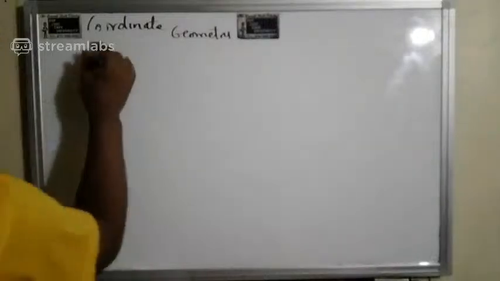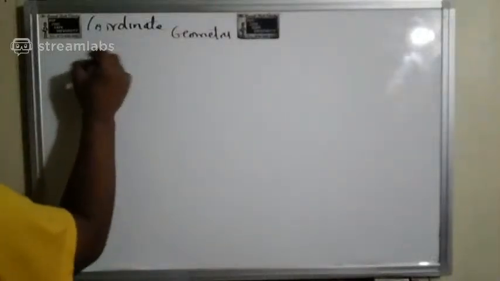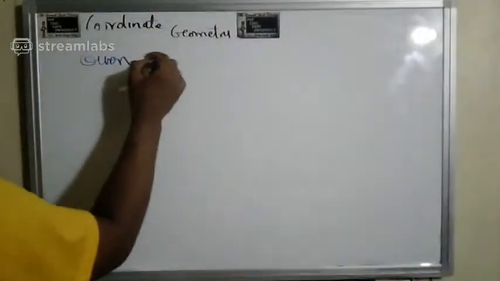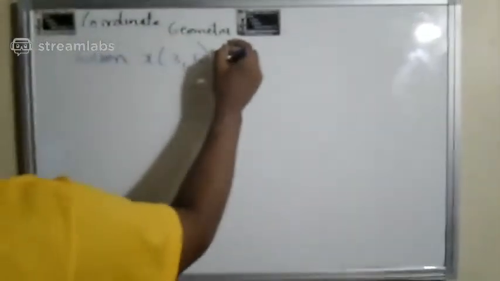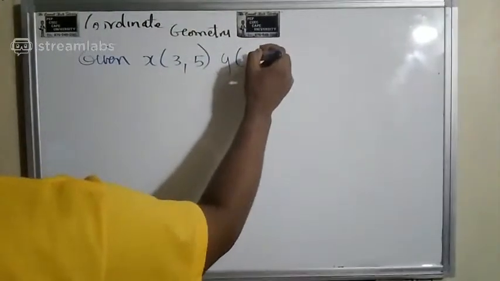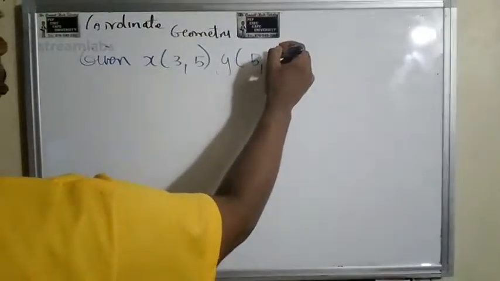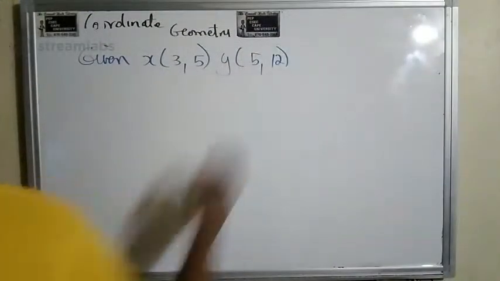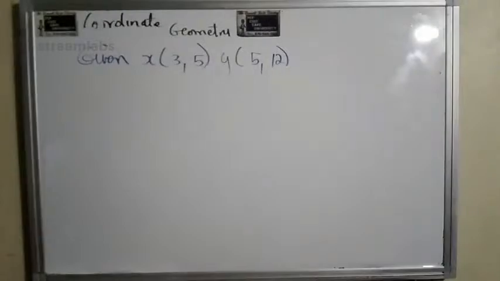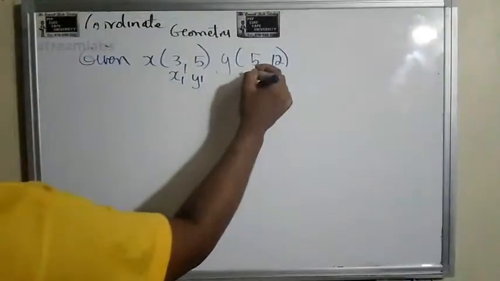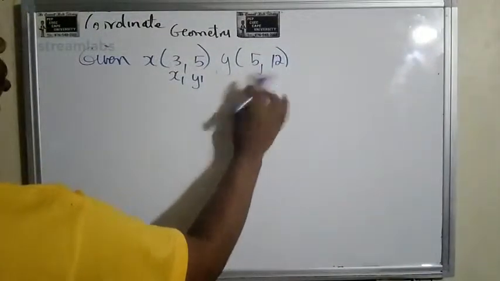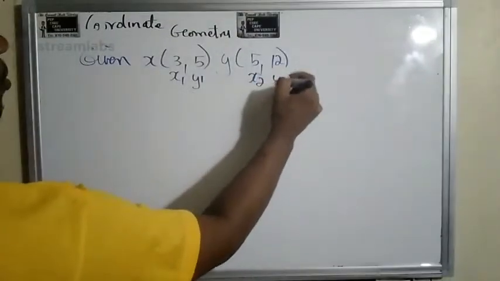Alright, so let's say we are given these points. So this is the formula now. It's the midway between the x values, so it's x1, y1, x2, y2, as we established already.